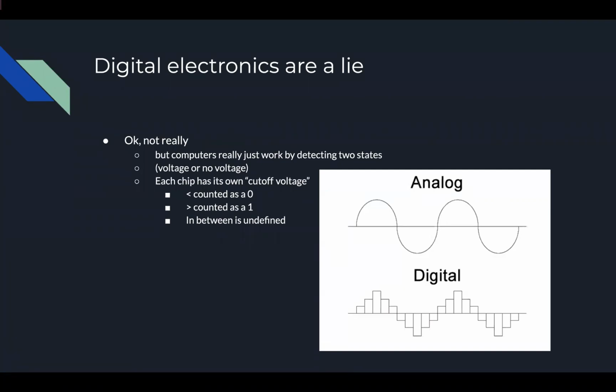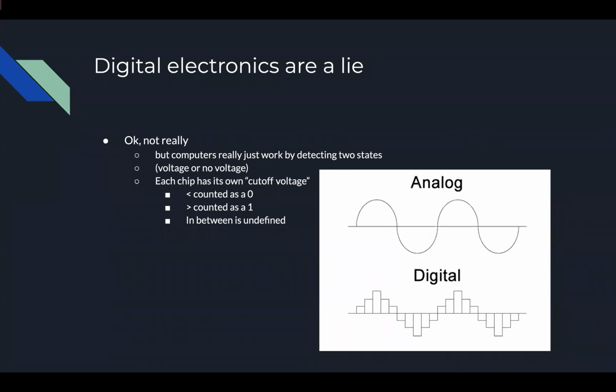The two states that it can detect are voltage or no voltage. And every chip will have its own specifications for what a cutoff voltage is. All that means is that it's a way to determine if a voltage is considered a 0 or a 1. And usually somewhere in the middle is just considered undefined, and no one really knows what will happen.